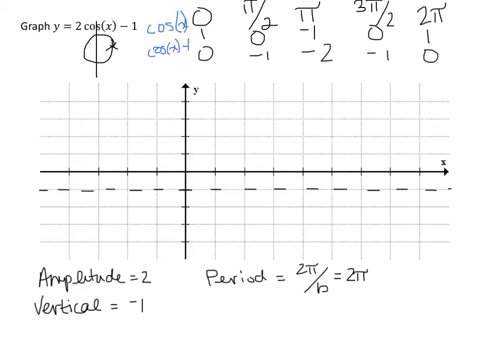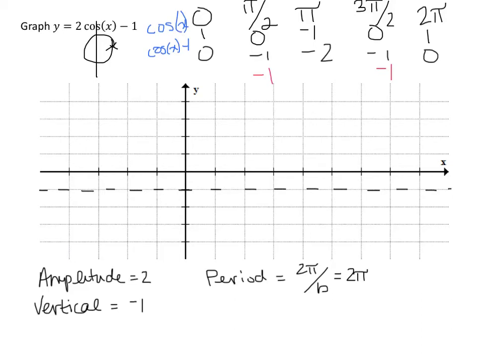Finally, what I need to do is apply this amplitude. Now, the amplitude is really only going to affect the max and minimum values. The places where it actually touches the center line will stay the same. In this case, we touch the center line at -1. So these two values are going to stay the same.